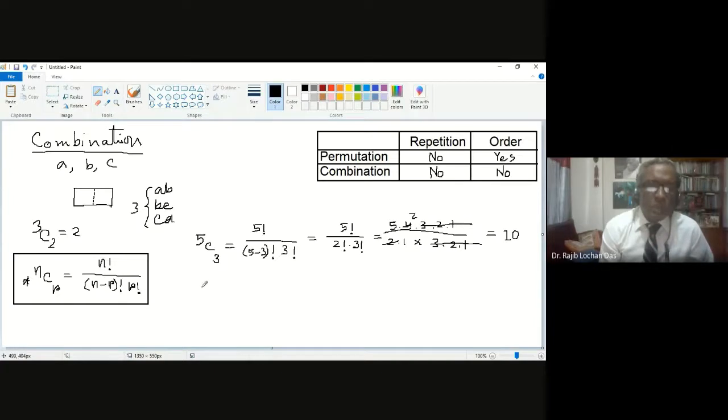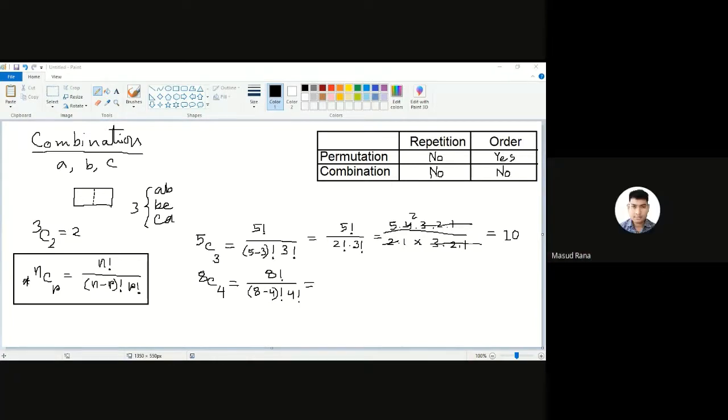So in the same way, you can find any number like 8C4. So that will be factorial 8, and 8 minus 4 factorial, and then 4 factorial, like that.